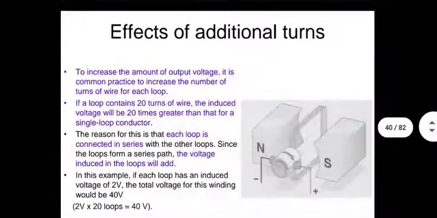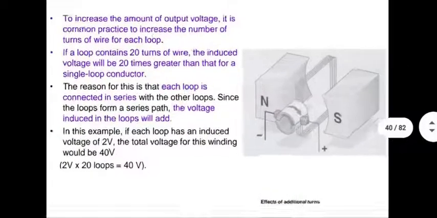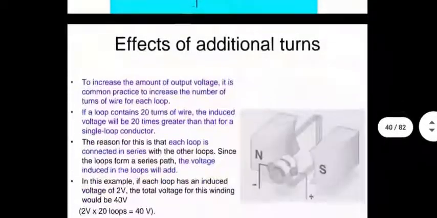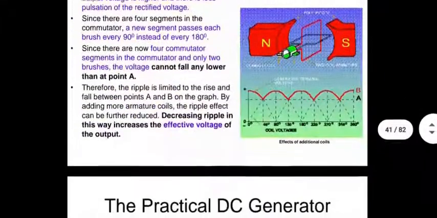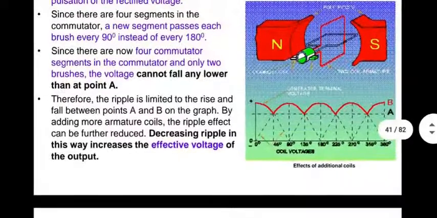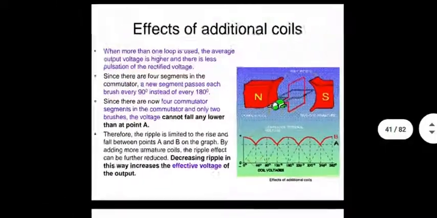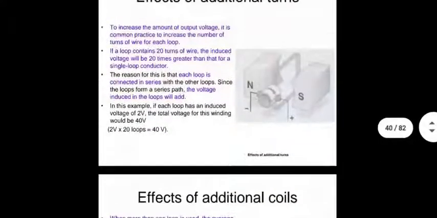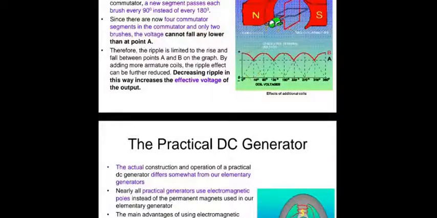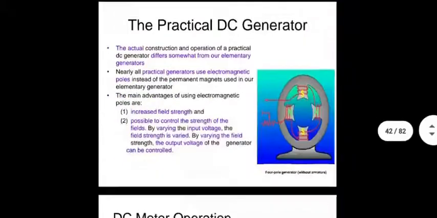Effect of adding more turns, that's what I showed you in my notes also. Although they have not shown in detail, this further smoothens the waveform. Larger the number of conductors, the smoother is the waveform. That means closer it is to DC.